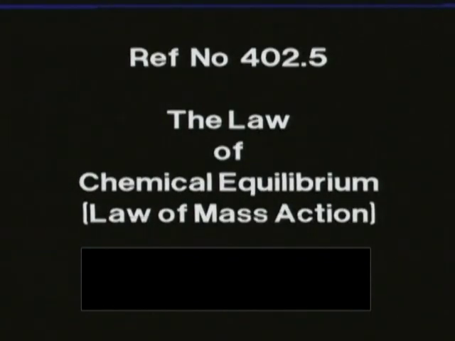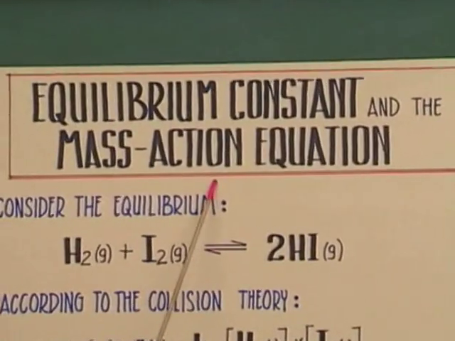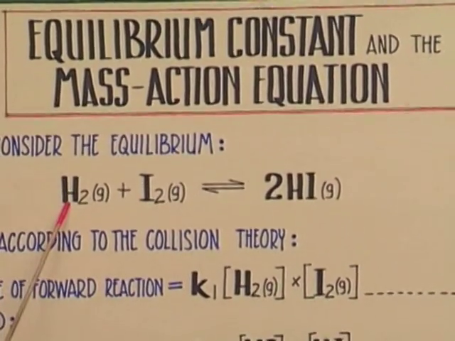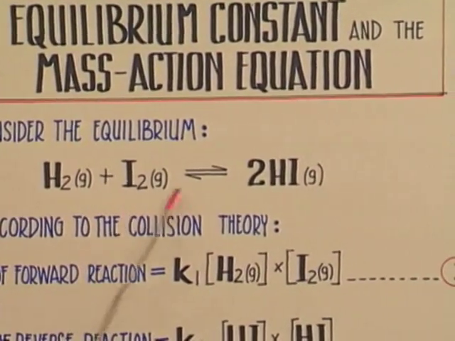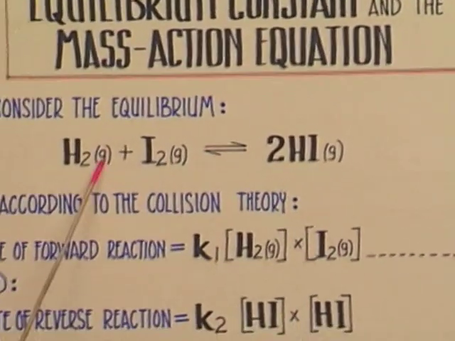402.5 in your workbook. Let us see how the law of mass action is derived from first principles. Consider the equilibrium between the reactants hydrogen and iodine to produce the product hydrogen iodide, all in the gaseous phase.